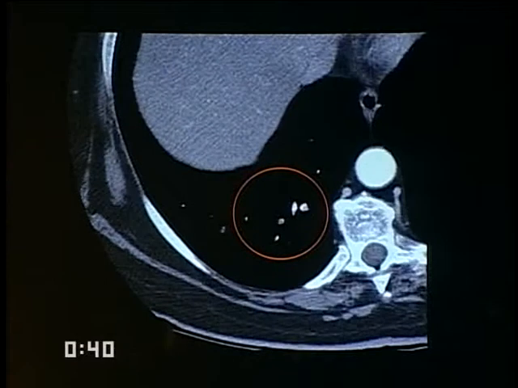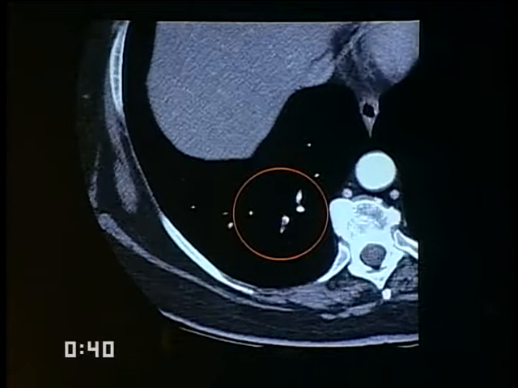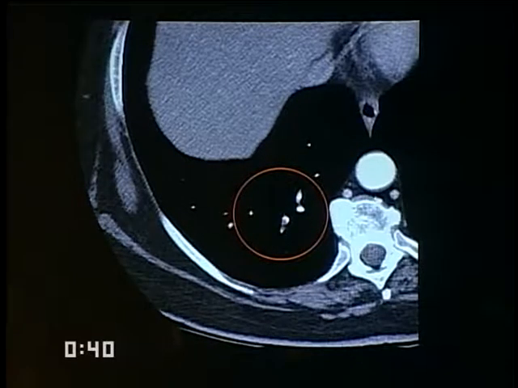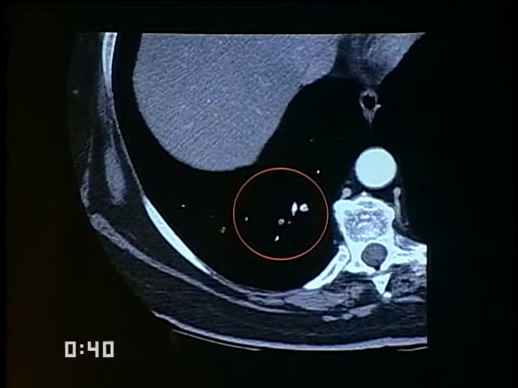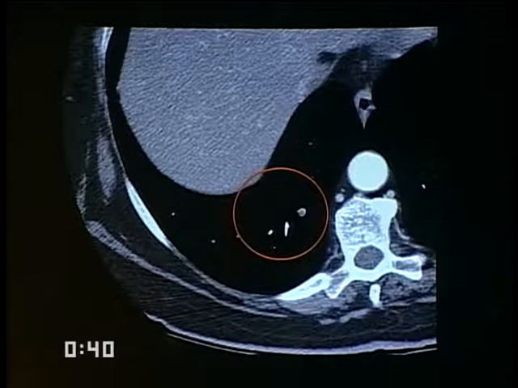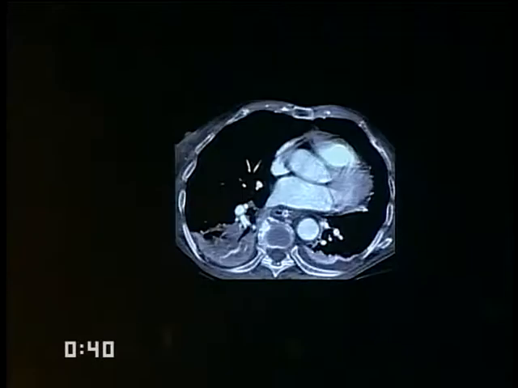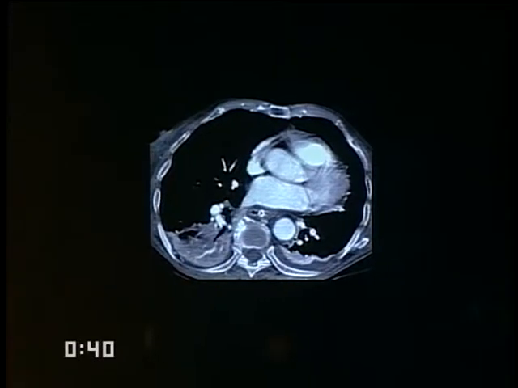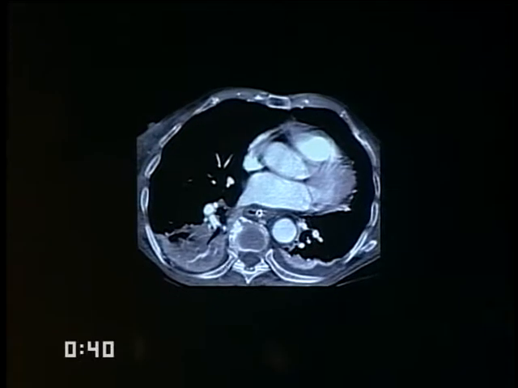So here we are passing down into the subsegmental branches, and here we're already encountering a filling defect very clearly. Another one appearing here, a very classical acute embolus with a ring of contrast and a central defect. And here we're at a bifurcation. So in a cooperative patient with a good opacification, we can see subsegmental emboli sometimes quite clearly.